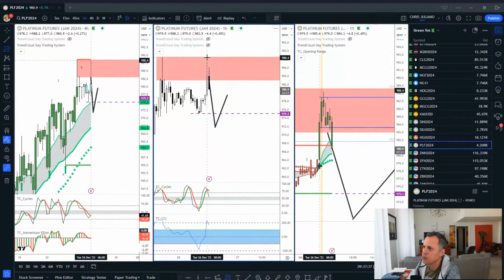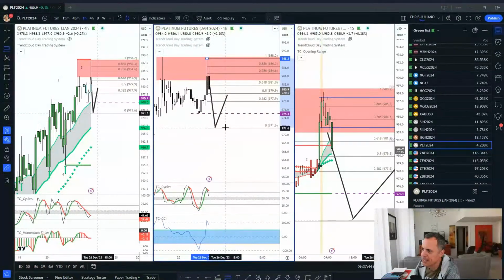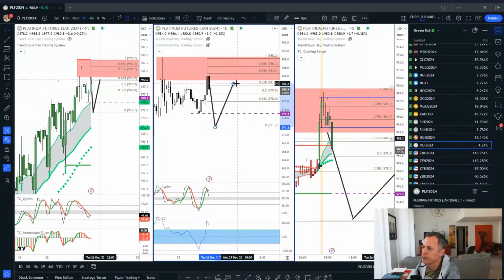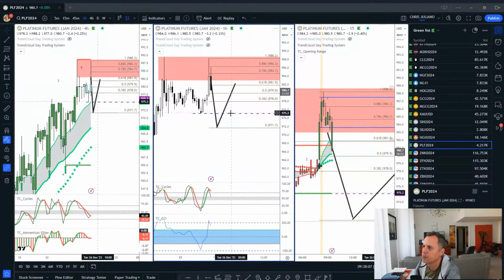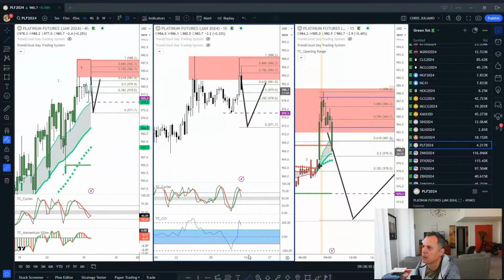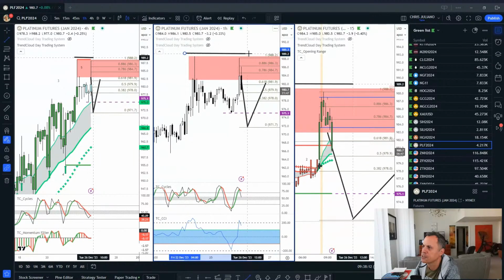Grab that Fibonacci tool, go to the second, put the magnet on, go to the second top, pull it all the way down to the low of where we broke structure. 618 right here. Boom, right there. That's where you would take this trade short. And your stop loss would go right up here, above the first top, right?